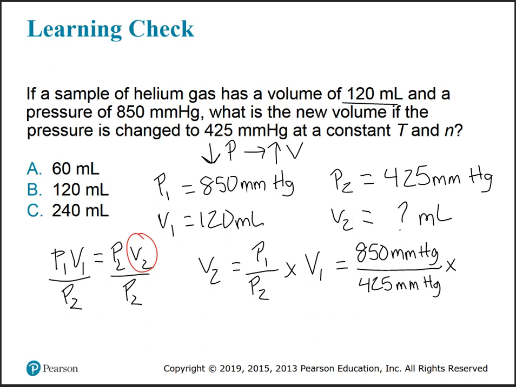You're multiplying that by 120 milliliters. Notice that your pressure units cancel. You're left with milliliters. You do the math, you get 240 milliliters.